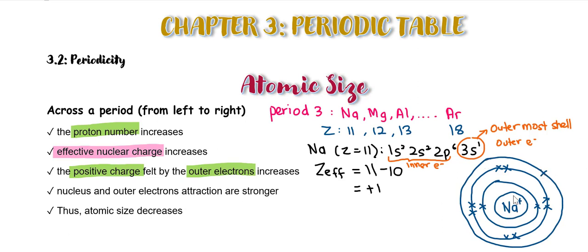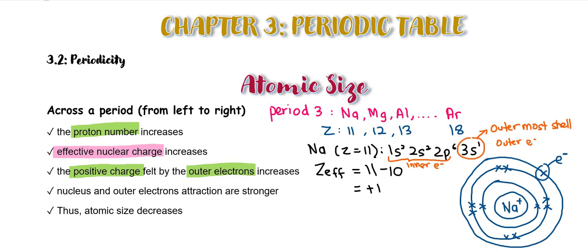So when the effective nuclear charge increases, the positive charge felt by the outer electron, which is negatively charged, also increases.